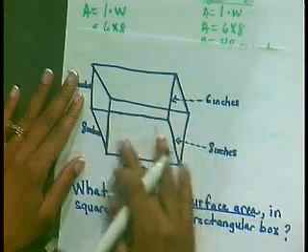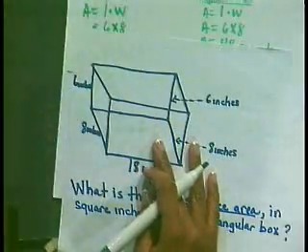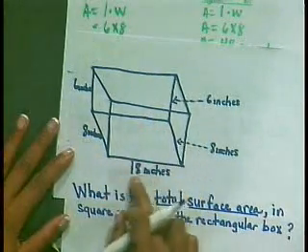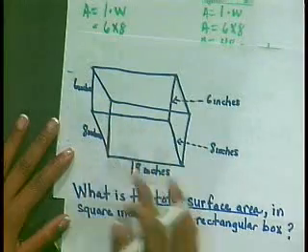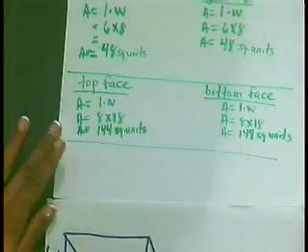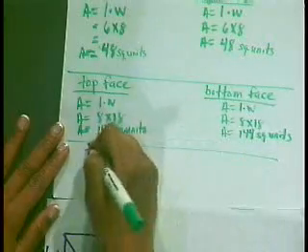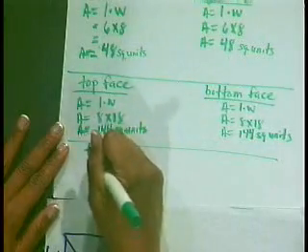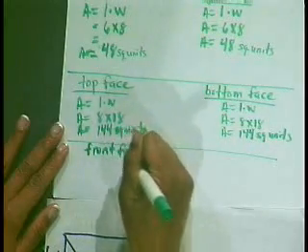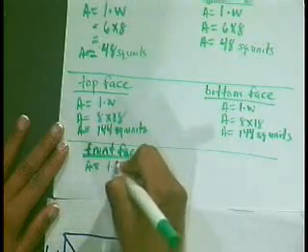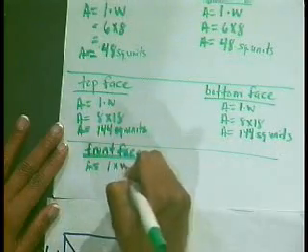So if we go back to our problem, this is our front face and this is the back face. We notice the bottom is 18 inches and the side is 6 inches. So the front face would be area equals length times width.